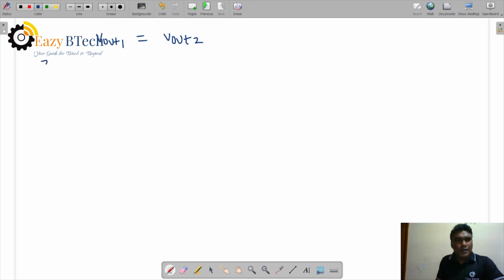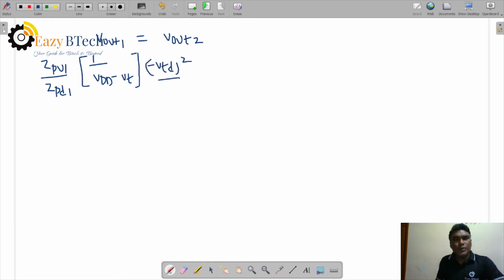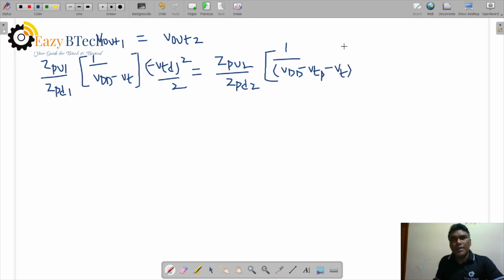V out 1 here, Z pull up 1 by Z pull down 1 by VDD minus VT into minus VTD whole square by 2 is equal to Z pull up 2 by Z pull down 2 into 1 by VDD minus VTP minus VT into minus VTD whole square by 2.